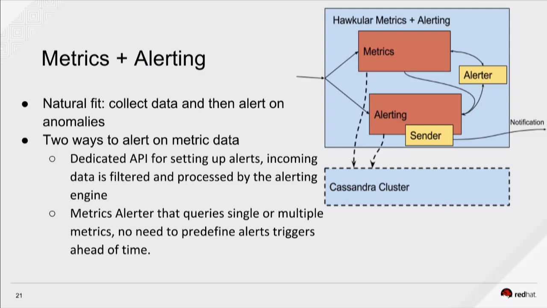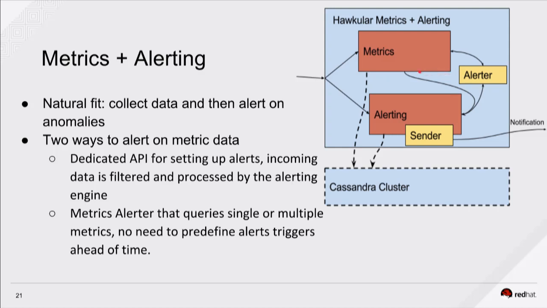So in that case, you want to have a component to actually query metrics and say, give me the stats for the CPU for the past 4 hours, and then I'm going to match them. Once I have that, I'm going to feed that into the alerting engine. So there are two ways you can do this. We think it's clever. Rather than always depending on data that gets fed, we want to actually be able to recognize patterns in data that is already persisted.